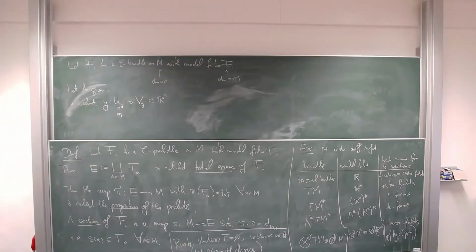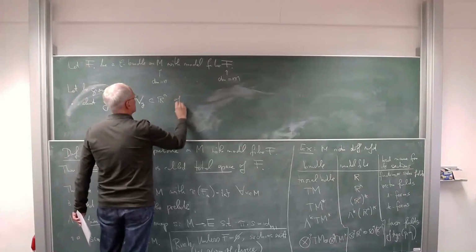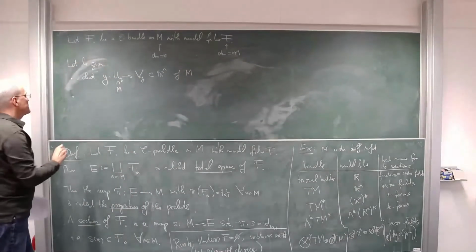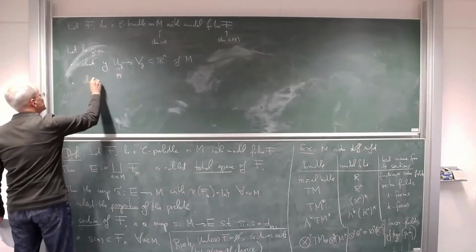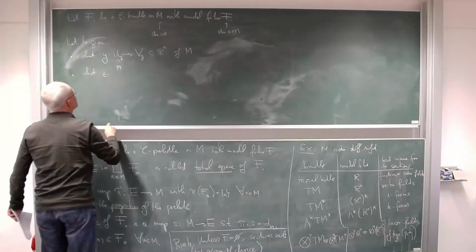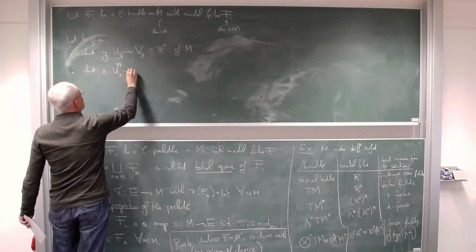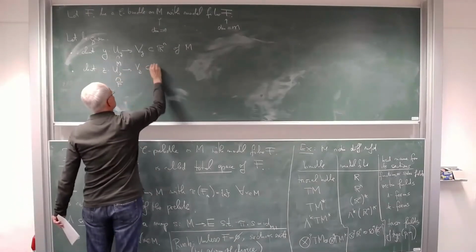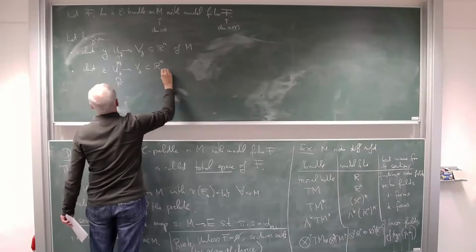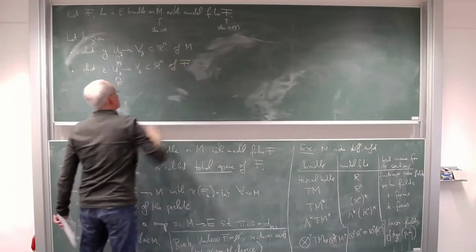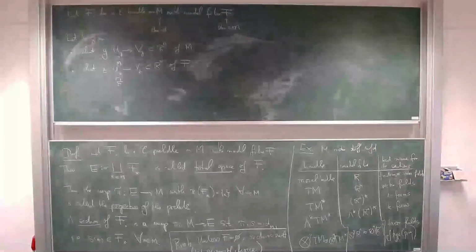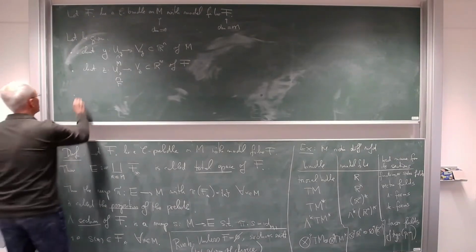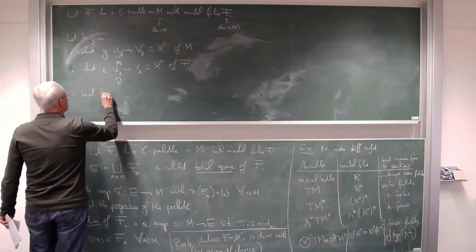So that is a chart for M. Furthermore, let's fix a chart of the fiber. So the second piece I need, I call this z. So this is U_z, V_z. U_z is a subset of F, and V_z is a subset of R^m. So that's a chart of the model fiber F. And finally, I need a local trivialization of my bundle.